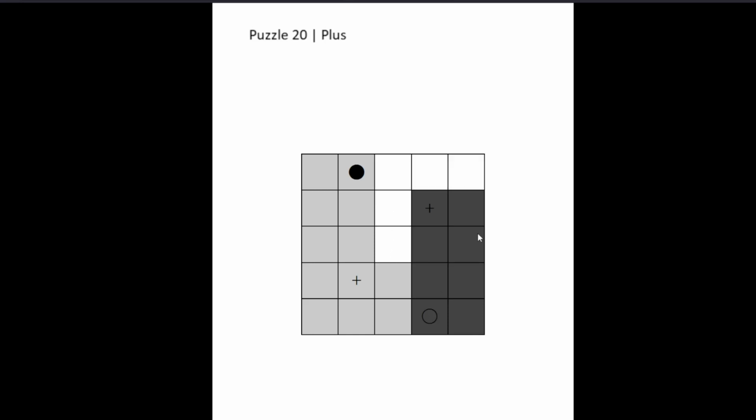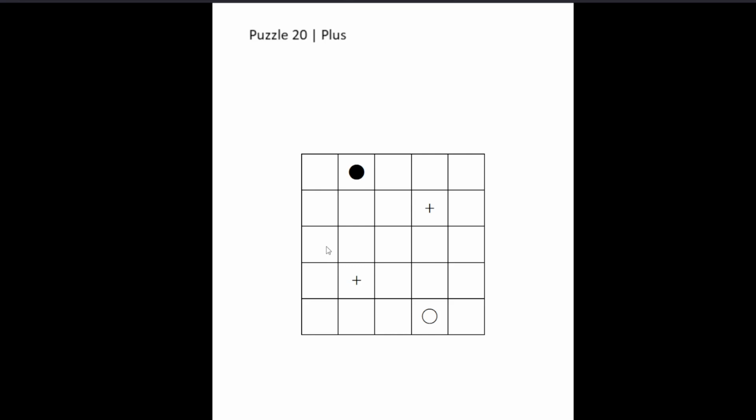But we have 180 degree color swap symmetry. No, sorry, that's not quite true. I don't quite know how to phrase it, but maybe I said this before.